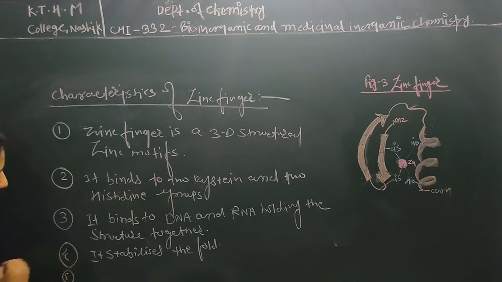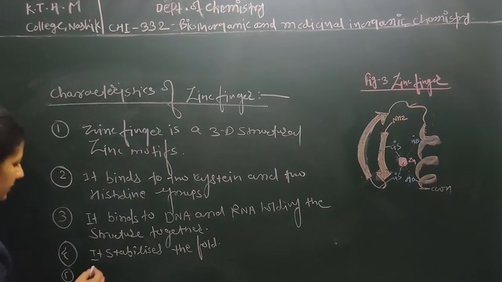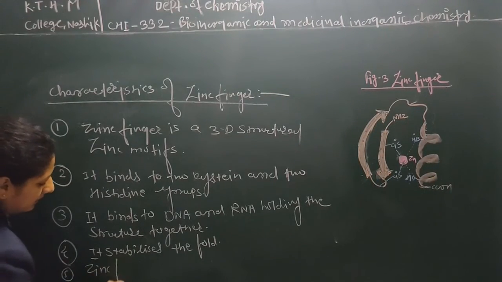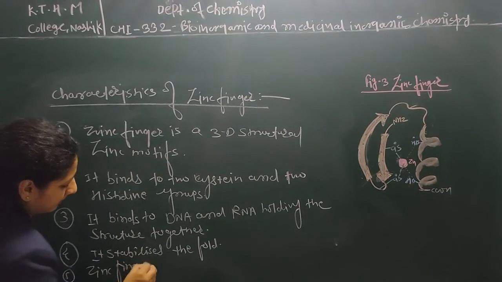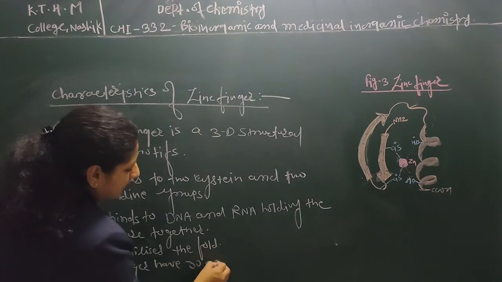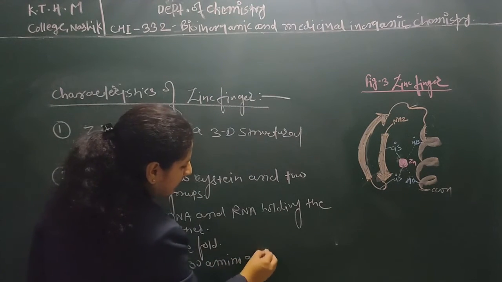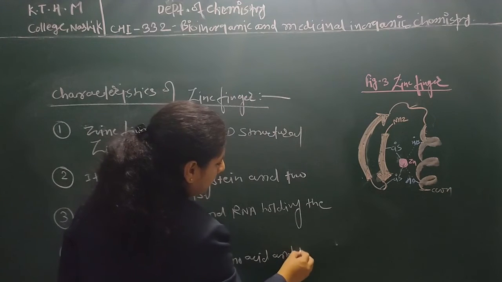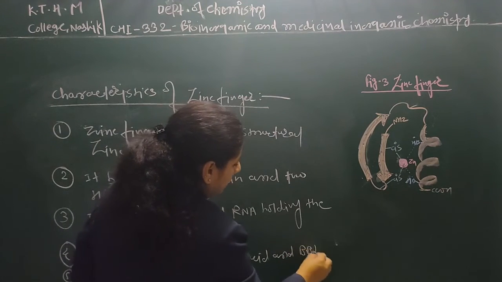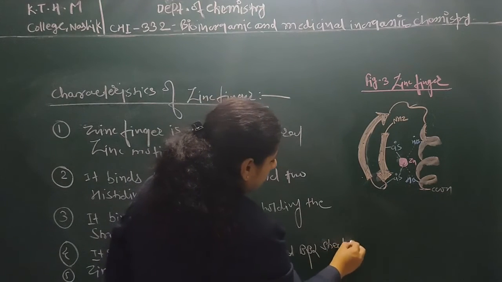Then fifth, the zinc finger has about 30 amino acids and a beta alpha sheet structure.